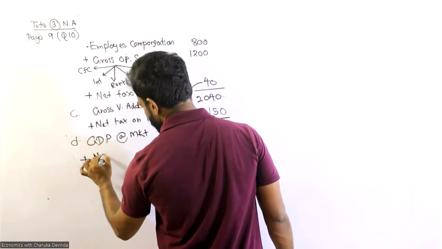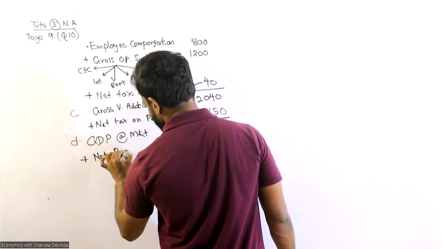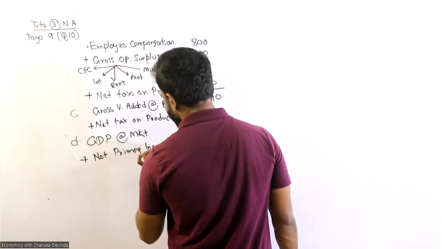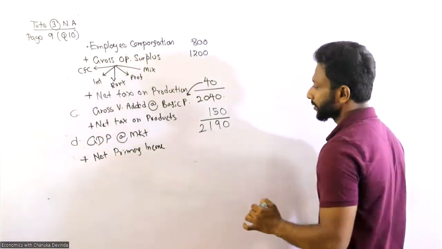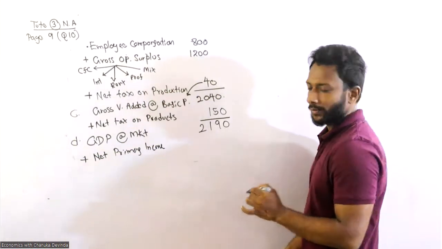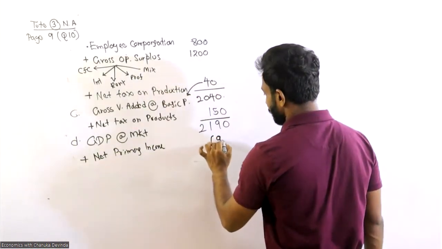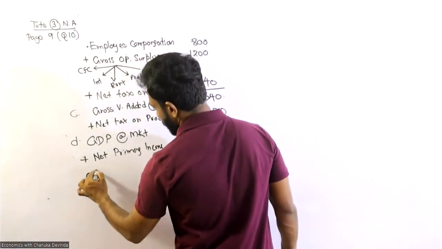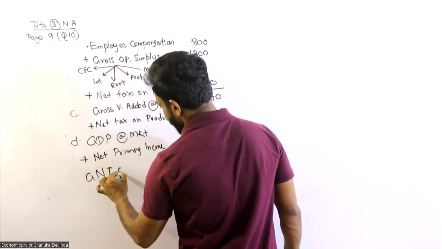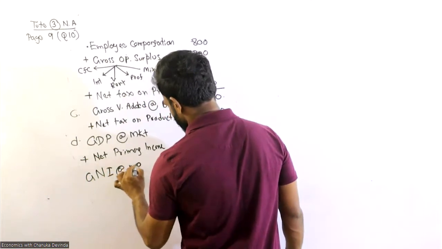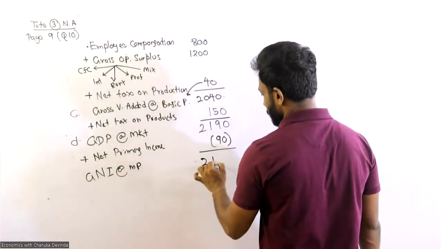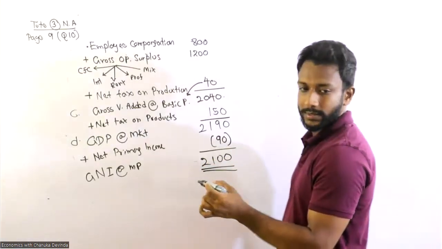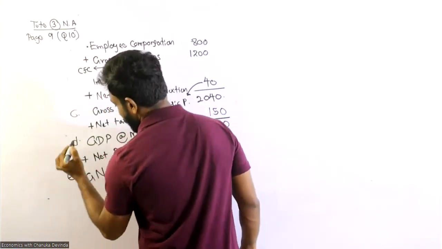Net primary income, or net factor income from the rest of the world. It is how much? Minus 90. So here, this is the GNI at market price. So it is 2,100. Right, so this is E.